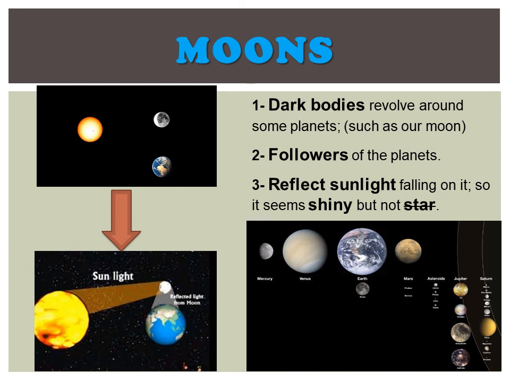So the sunlight falls on the moon, and the moon will act like a mirror. It will reflect the sunlight to where? To us, to the planet, to the earth. So any moon reflects the sunlight to the planet which it is revolving around.